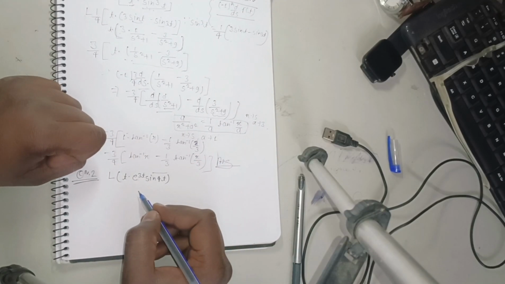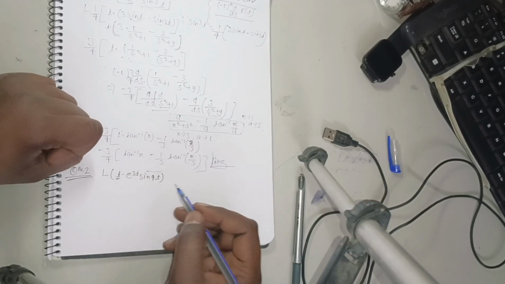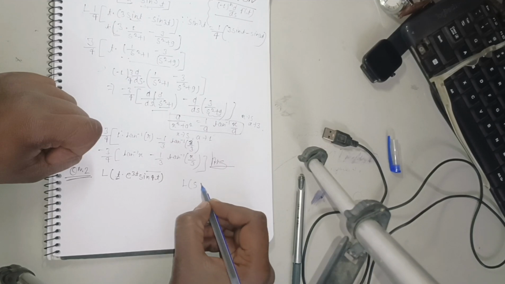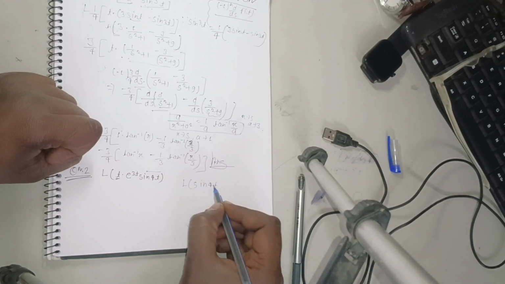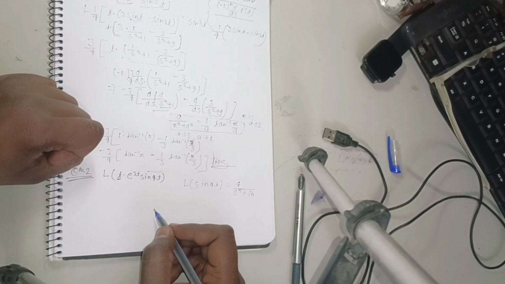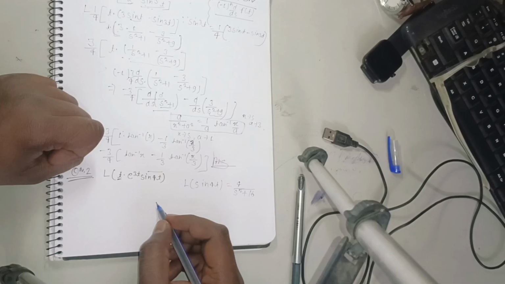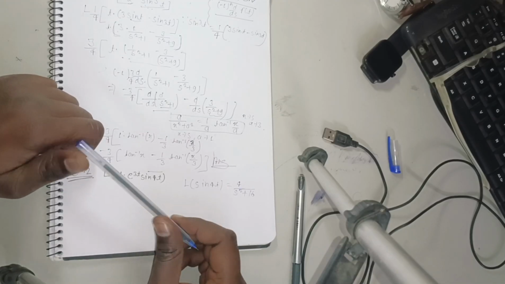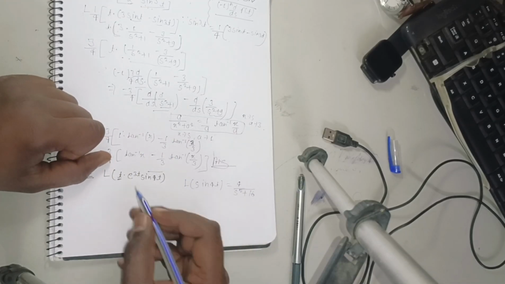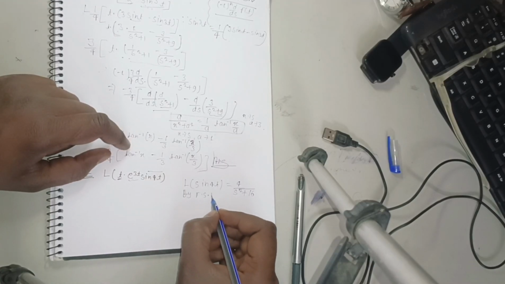So basically, as you can see here, this and this. First of all, we will find the Laplace of sine 4t, which is a upon s square plus a square, that is 16. Now, as you can see here, it will have e to the power 3t, so by the first shifting theorem.